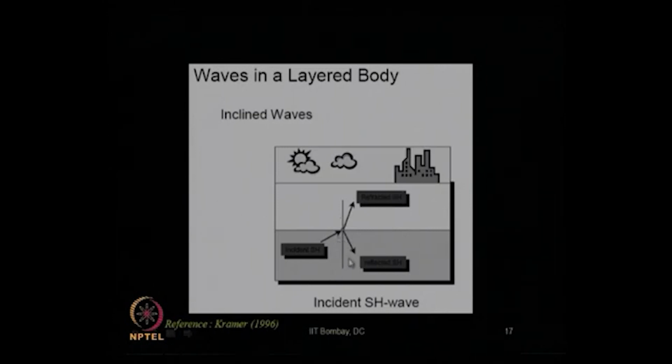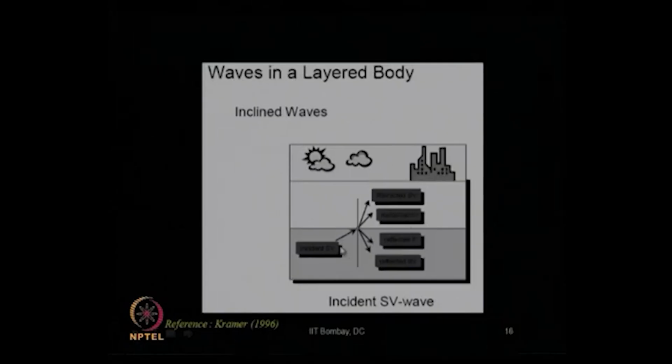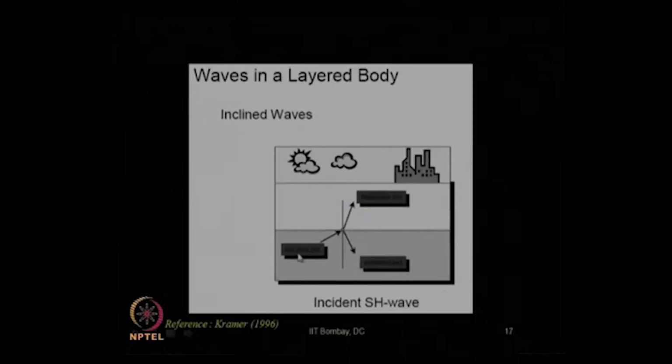You can see very clearly why SV and P get correlated or generated: the SV is in the vertical direction and P also excites in the vertical direction. So, the wave propagation direction is vertical, as well as the particle movement occurs in this direction, though it is a torsional one. Whereas the SH wave is in the horizontal direction, so that cannot generate a P wave.